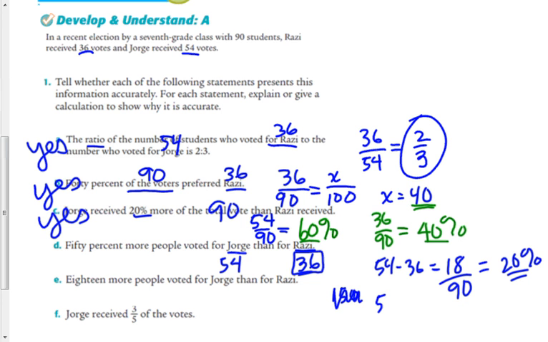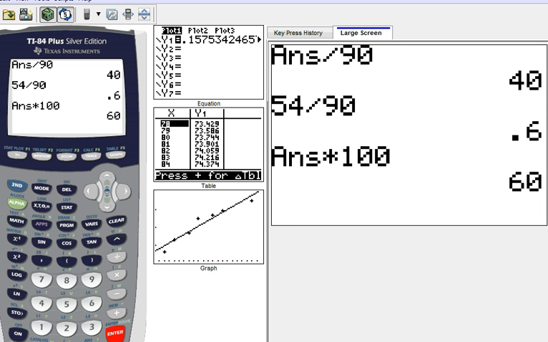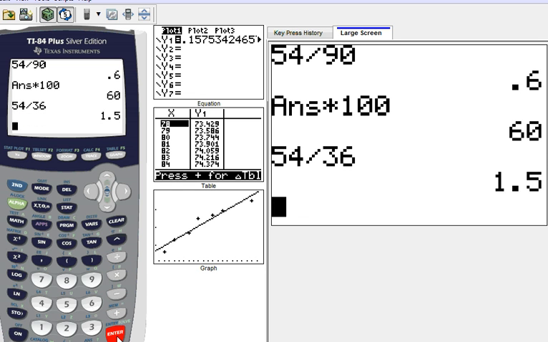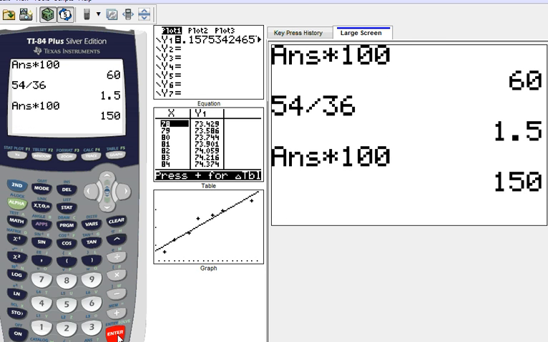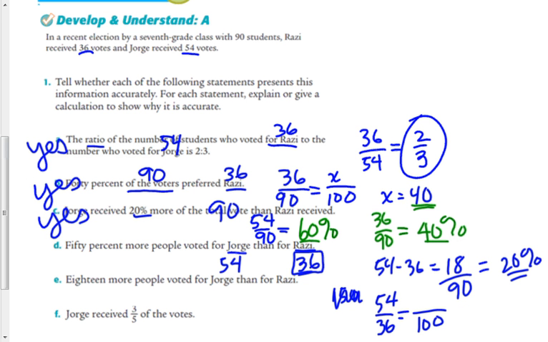So if we look at this ratio, 54 over 36, change that to a percent, we're going to do 54 divided by 36 and multiply it by 100 to get the percent. That is 150. And 150% of the vote is the same as 50% more. So that's another yes.